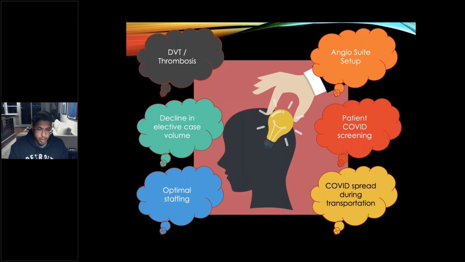And another thing that's come up in our own practice is the decline in elective case volume. And it goes back to how you screen patients for COVID.